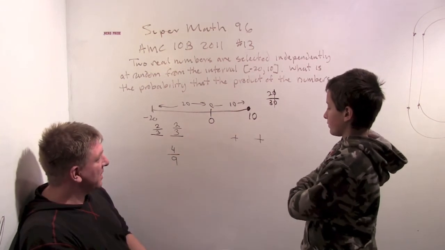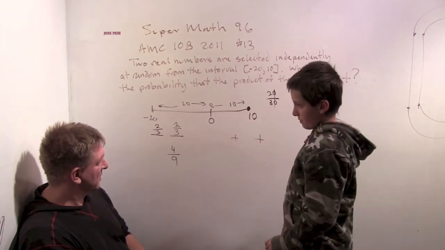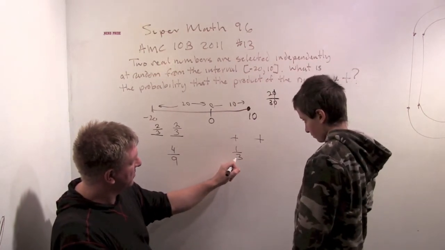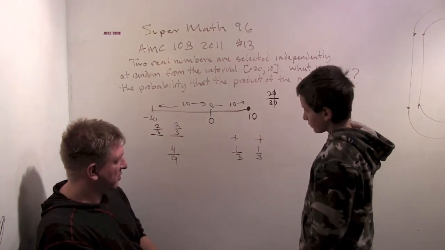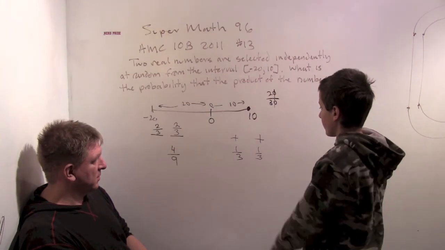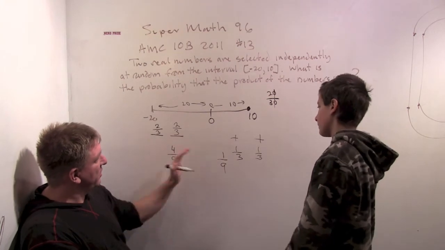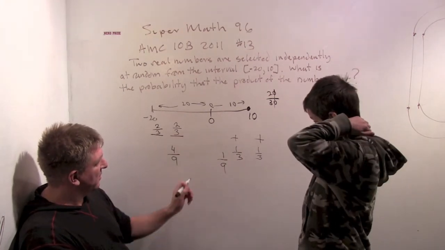Now let's go to positive, positive. It's a 1/3 chance of picking the first number positive, and 1/3 for the second. So the probability of picking two positives is 1/9. Because I have these two independent cases, the whole thing would be 5/9.